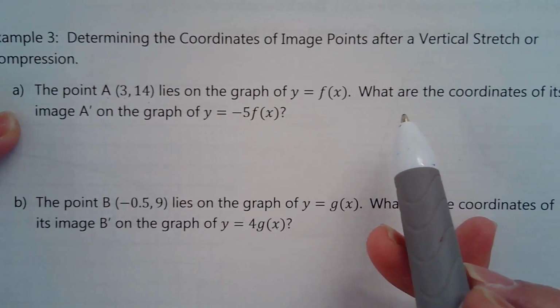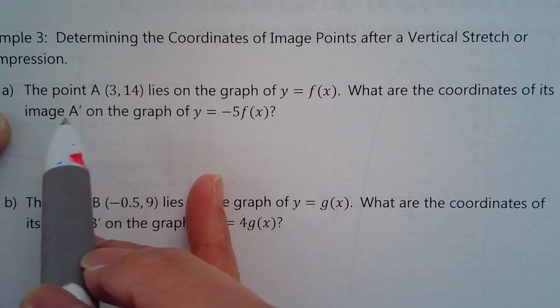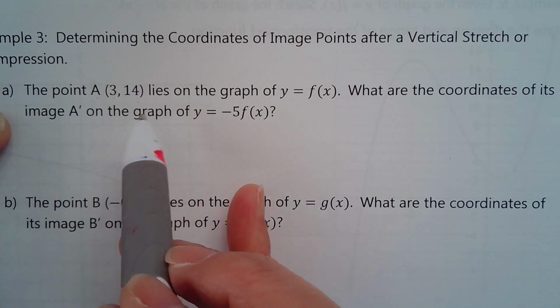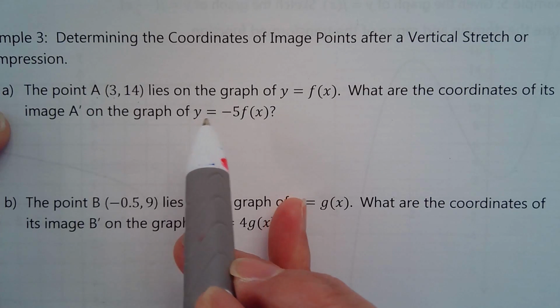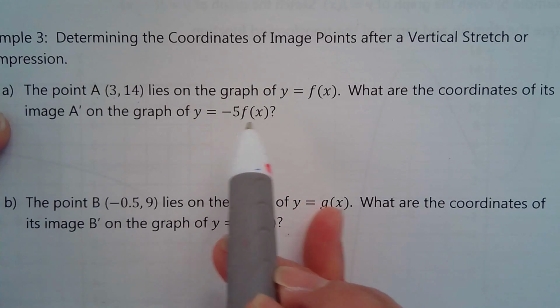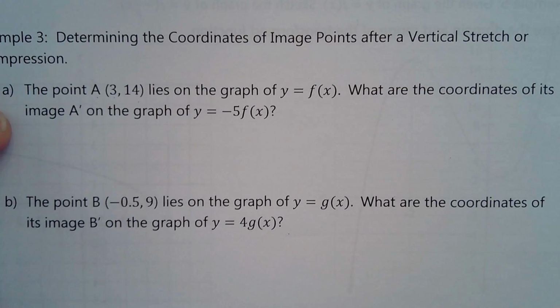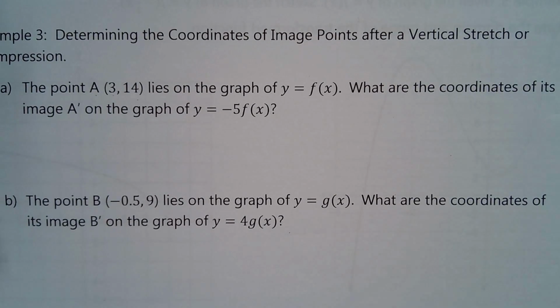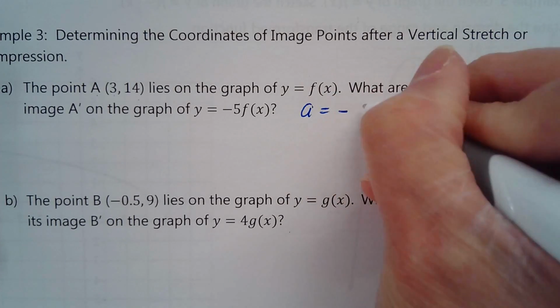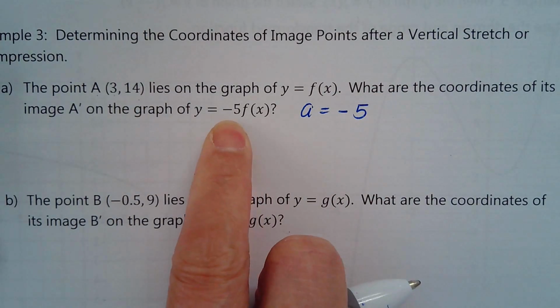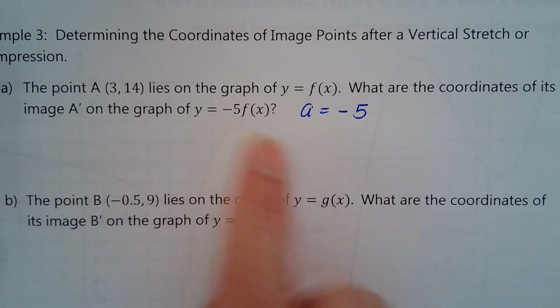What are the coordinates of its image A prime on the graph of y equals -5 times f of x? So what's really happening there is what? So our a value is -5, right? Our a value is -5.